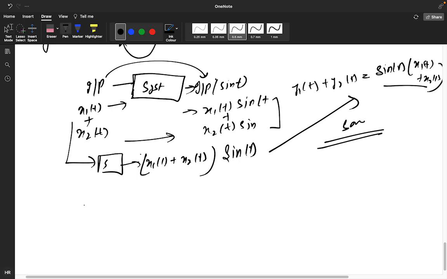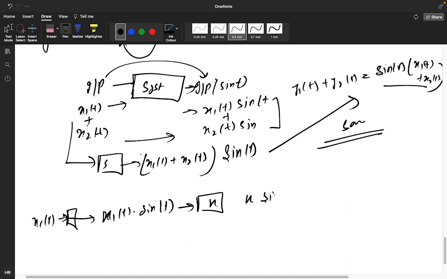Now check the law of scaling. If you pass x1 of t through the system, it gives x1 of t into sine t. Now I scale this with factor k, so k sine t into x1 of t is coming.